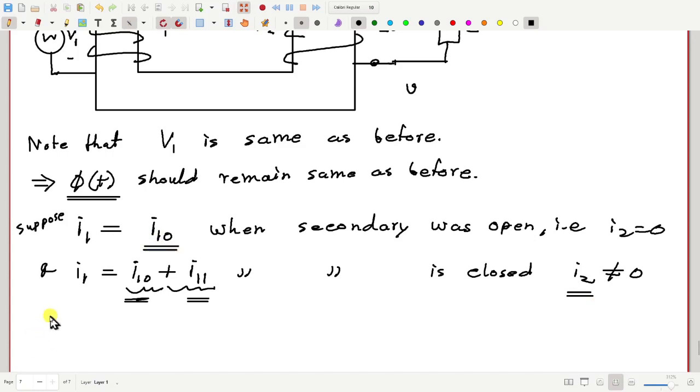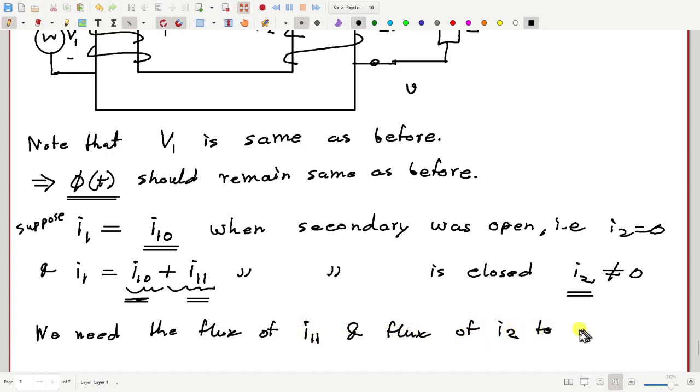We need the flux of I1' and the flux of I2 to cancel each other.